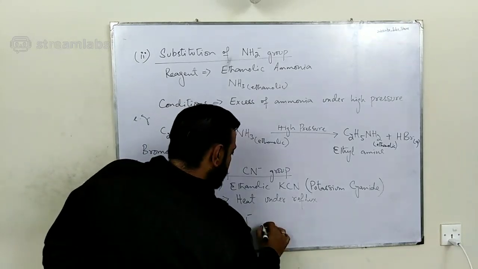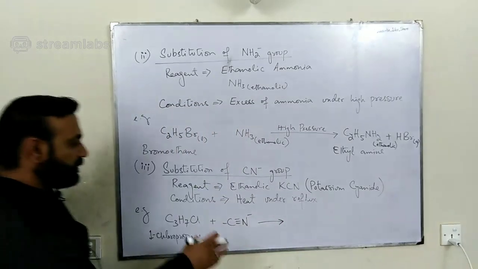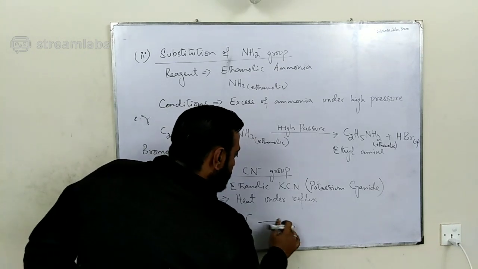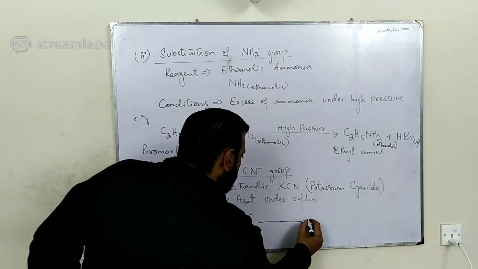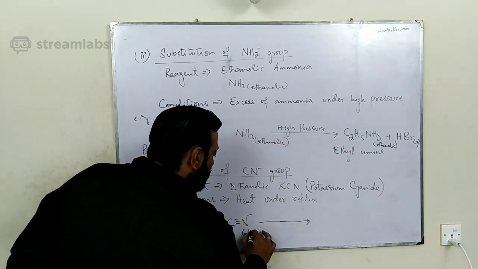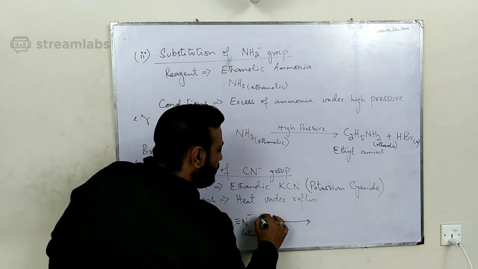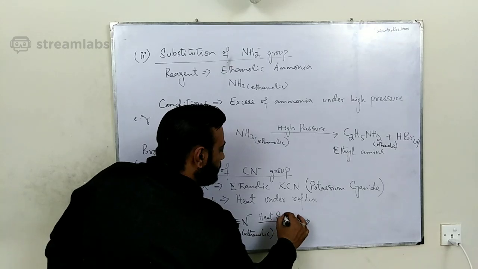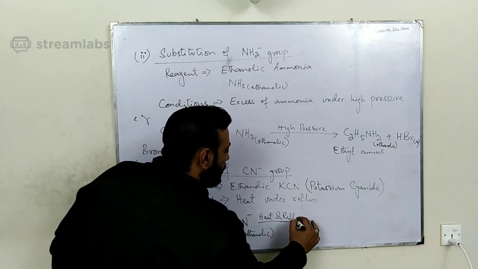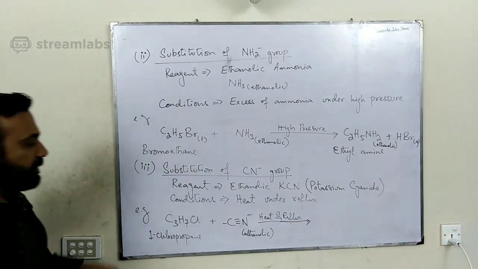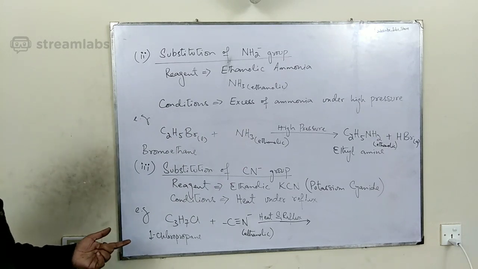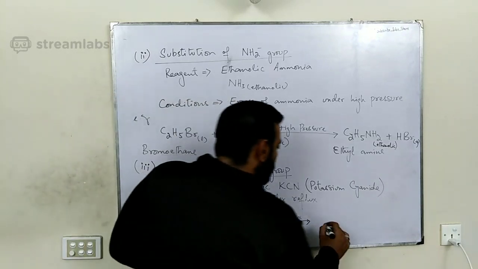So again, this is ethanolic, and we are heating it under reflux. Now in this case, CN negative will substitute the halogen from the halogenoalkane.